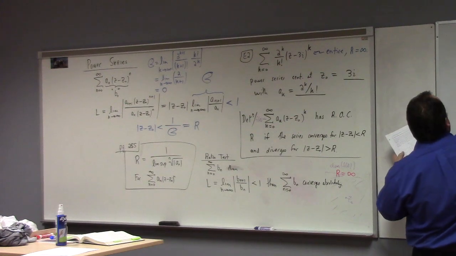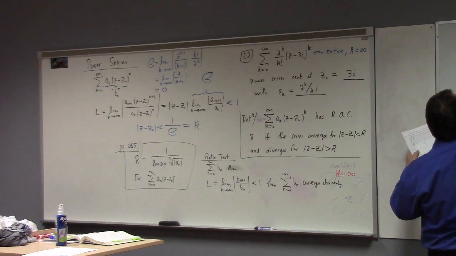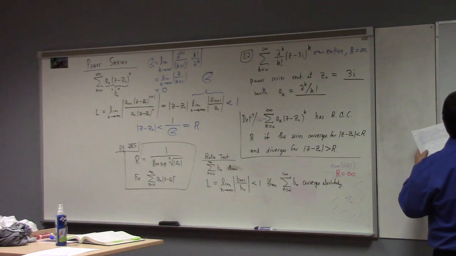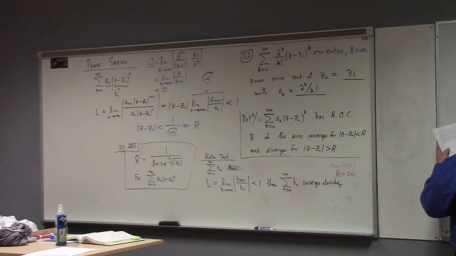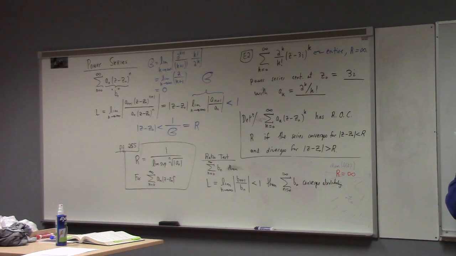So, definition: a function f of z is analytic on the disk of radius r centered at z naught, which I'll write out. So we're talking about z in the complexes such that the modulus of z minus z naught is less than r, right?